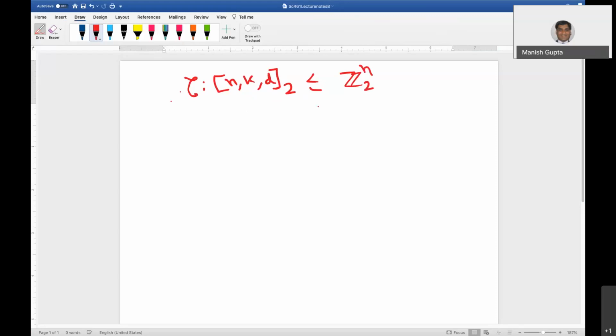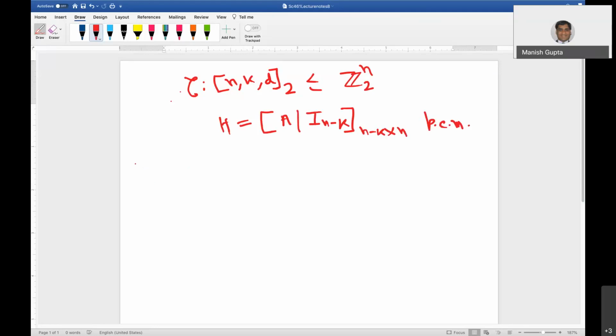The result is true even for q-ary code. And suppose H equals some A matrix and I of n minus k. This is the n minus k cross n parity check matrix of the code.